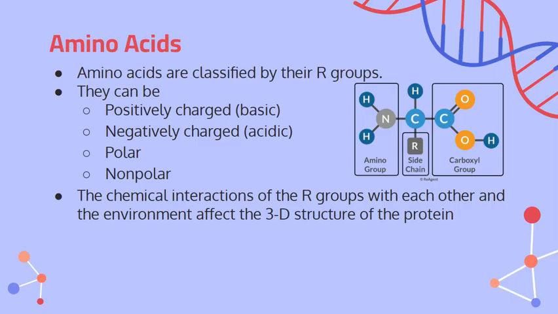We see the central carbon, the hydrogen, the R group, the carboxyl group, and the amino group. They can be either positively charged and have a basic pH, or negatively charged and have an acidic pH. We can also see polar and nonpolar R groups as well. The chemical interactions of the R groups with each other and the environment will affect the 3D shape of the protein, right? And we all know structure dictates function.